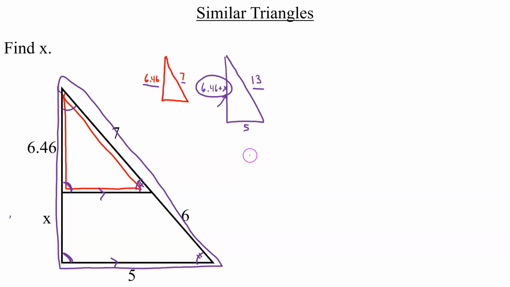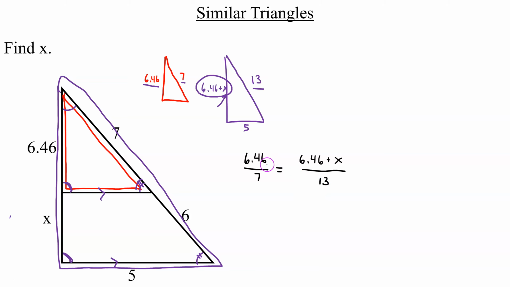All right, I am going to do 6.46 over 7. So that's the two sides of my red triangle. 6.46 corresponds to 6.46 plus x, so that must go on top as well. And then the 7 from my red triangle, that corresponds to 13 in my purple triangle.